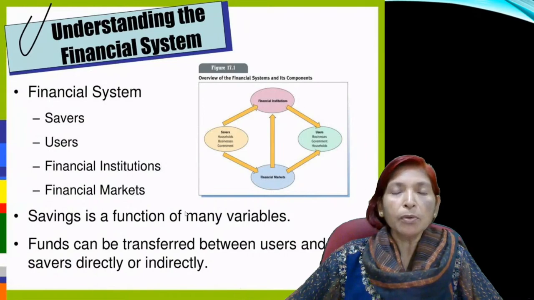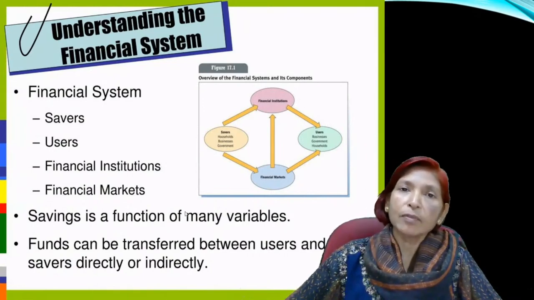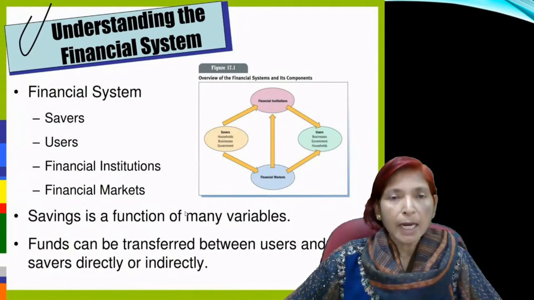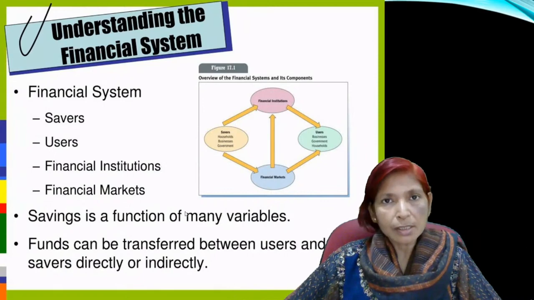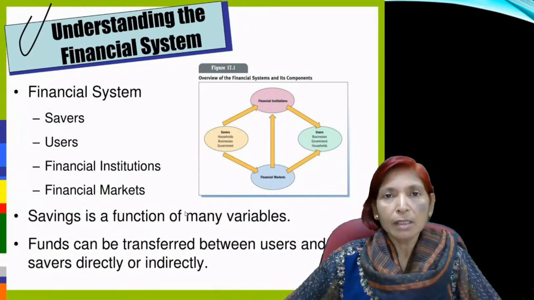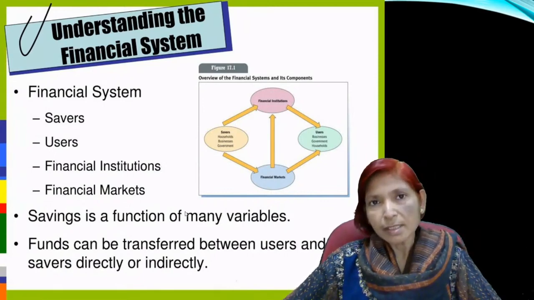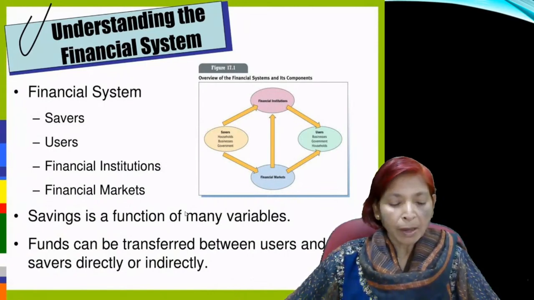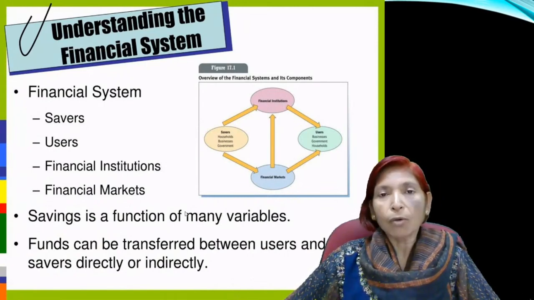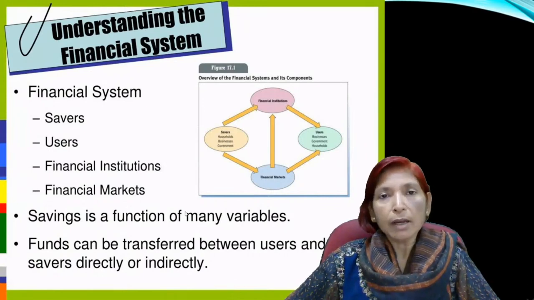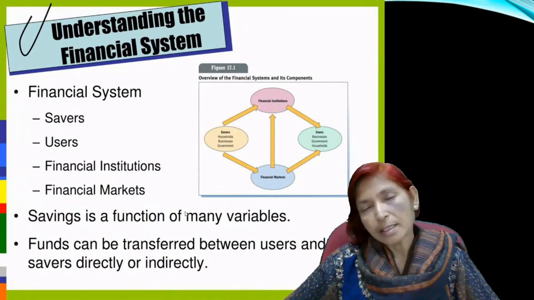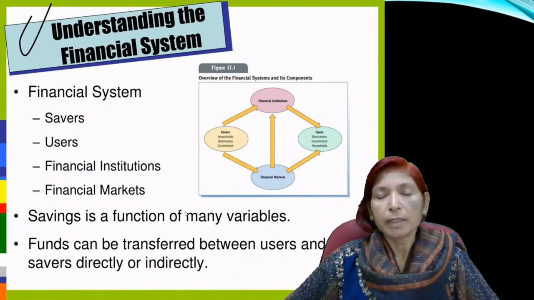If we want to produce goods and services, then we need finance. All organizations engaged in producing goods and services need money or finance. So finance is the basic requirement of each and every business enterprise. Without finance, nothing can happen.